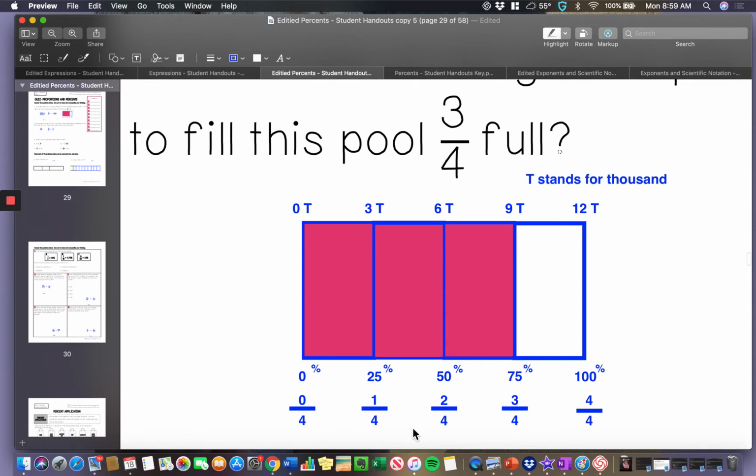So I had my fractions down here, as well as my percentages, and I could find out when I fill them in that it's going to be 9,000. Okay, because each one of these, for example, if I did 12 divided by 4, I'm going to get 3, so each one is worth 3,000.